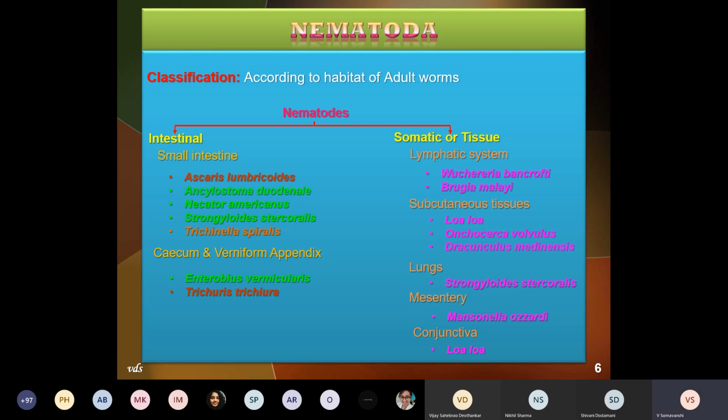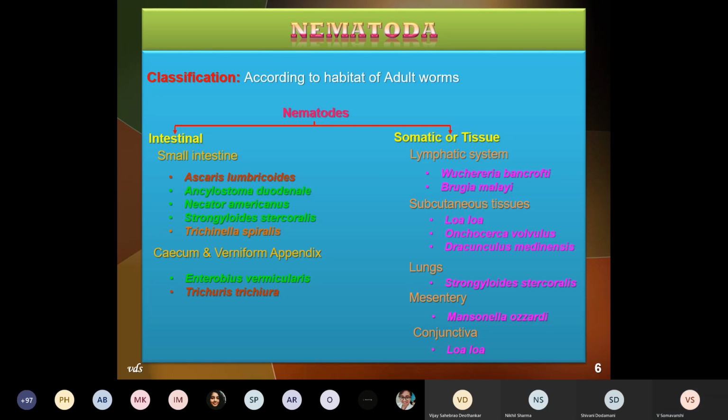Okay. Now, intestinal nematodes those that reside in the small intestine are Ascaris lumbricoides, Ancylostoma duodenale, Necator americanus, Strongyloides stercoralis. These are the major human pathogens which reside in the small intestine. Now, the fifth worm here which I am describing is Trichinella spiralis.